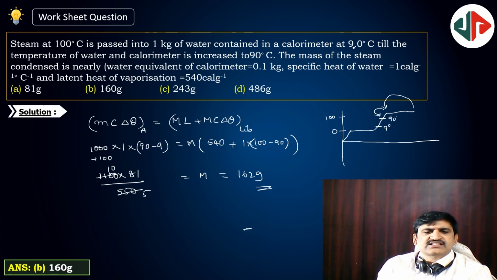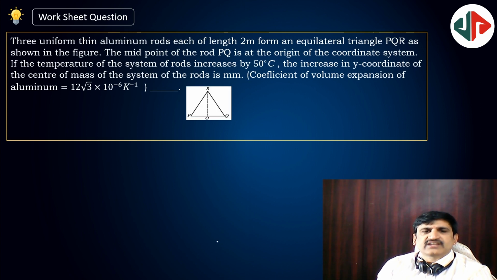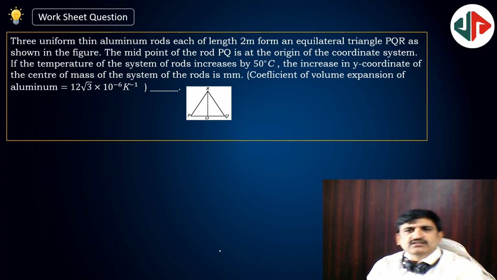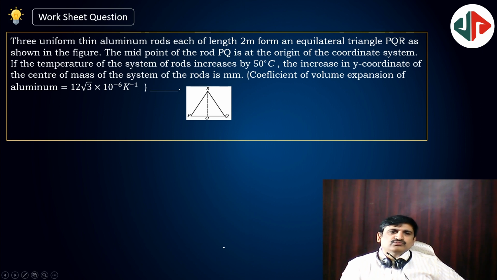Okay. Next. 3 uniform thin aluminum rods, each of length 2 meter, form an equilateral triangle PQR as shown in the figure. The midpoint of the rod PQ is at the origin of the coordinate system.